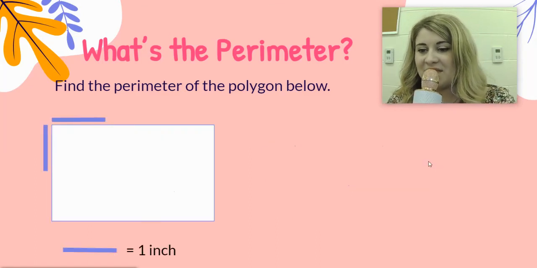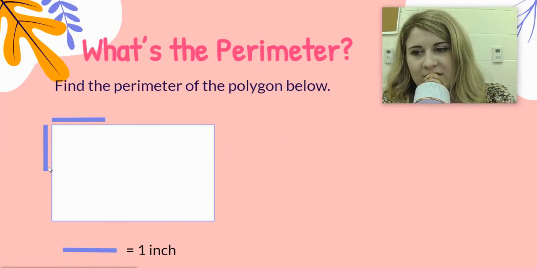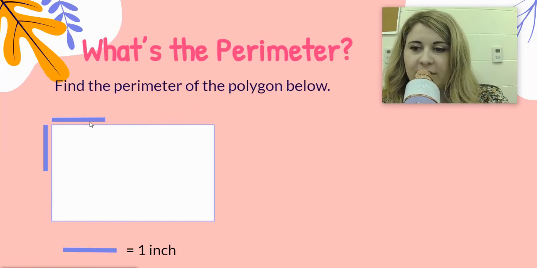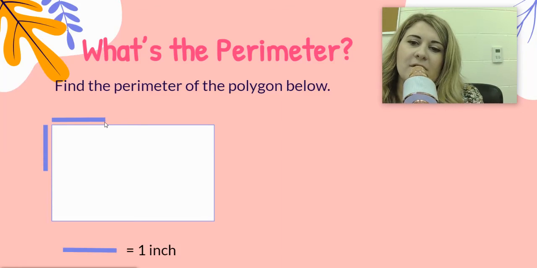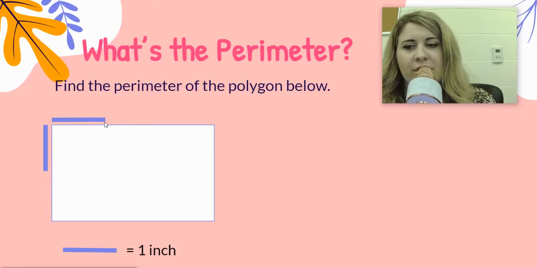Next, we have another one with a key. And this time they kind of helped us out a little bit because they gave us one on this side too to kind of help us figure out how many we can fit. So let's figure out how many we can fit on top. You got your fingers, kind of measure the length of that and see how many you think you can fit on top. I'll give you a minute to figure out how long you think it's going to take to measure the top. How many inches do you think the top is?